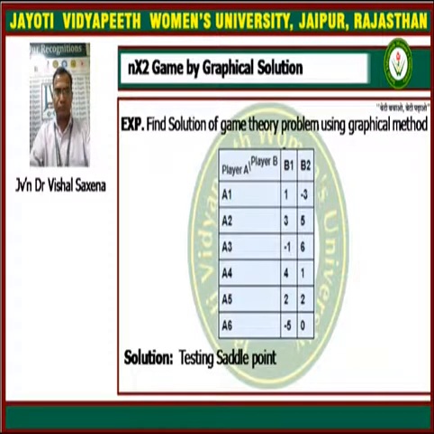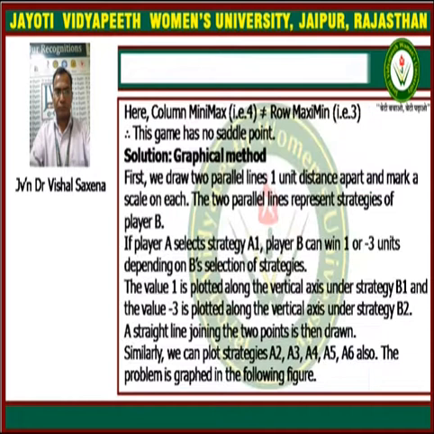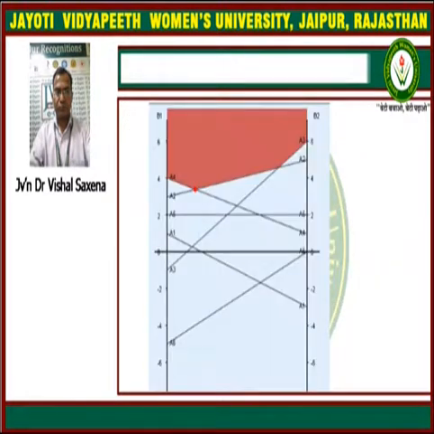So the point 1 on the B1 line and -3 on the B2 line are taken along the A1 strategy, as clearly seen on the graph.